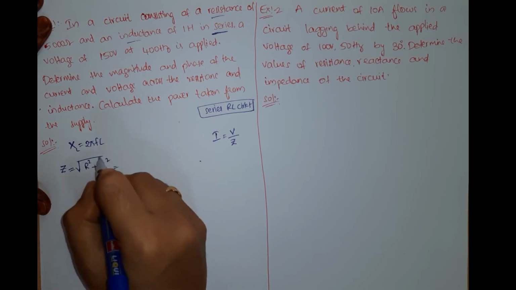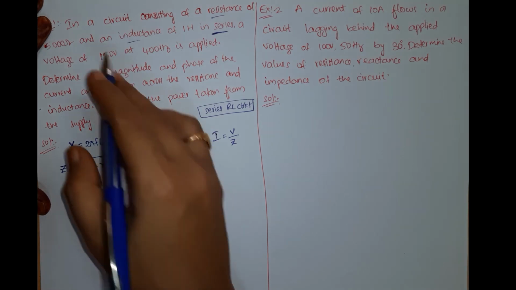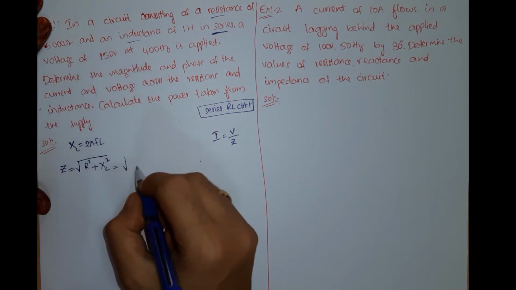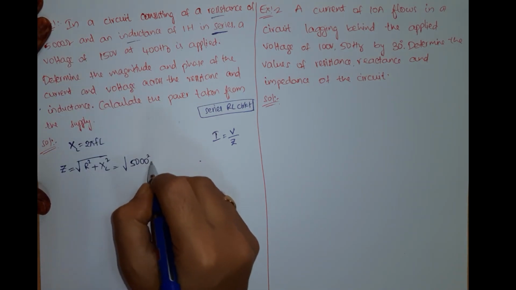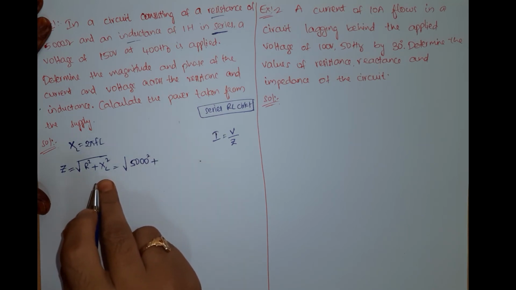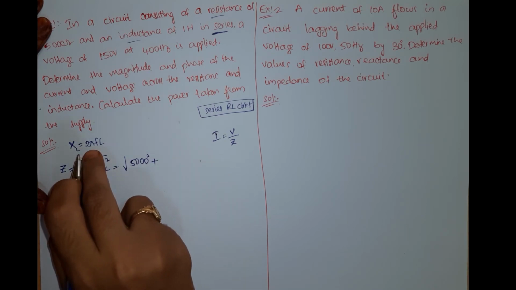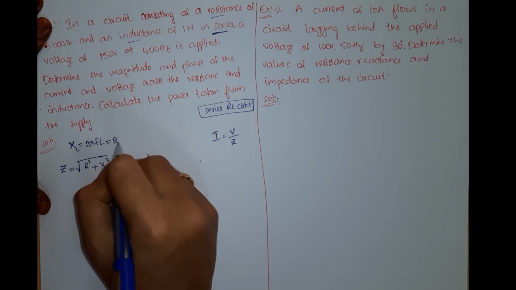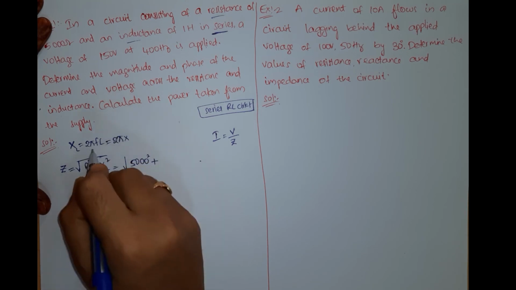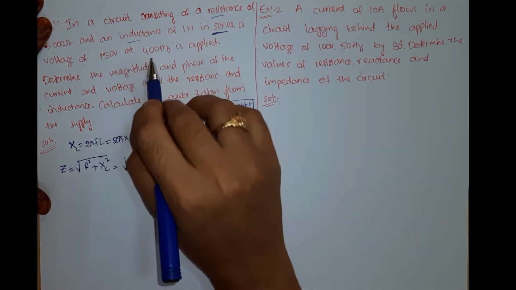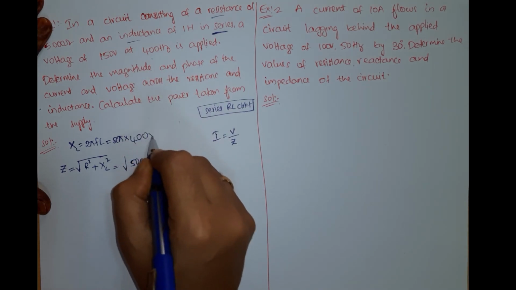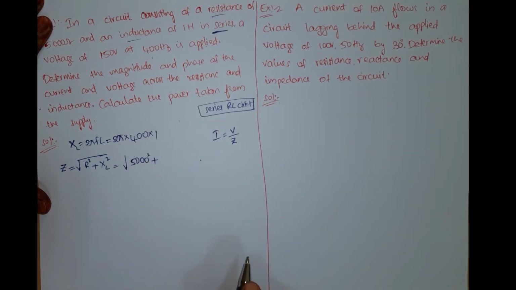So we are given the value of R directly. What is it? 5000 ohms. 5000 square. But we don't know the value of XL. But we know the formula. What is it? 2 pi FL. That is 2 pi into F, which is given here as 400, into L, which is 1 Henry. Right?